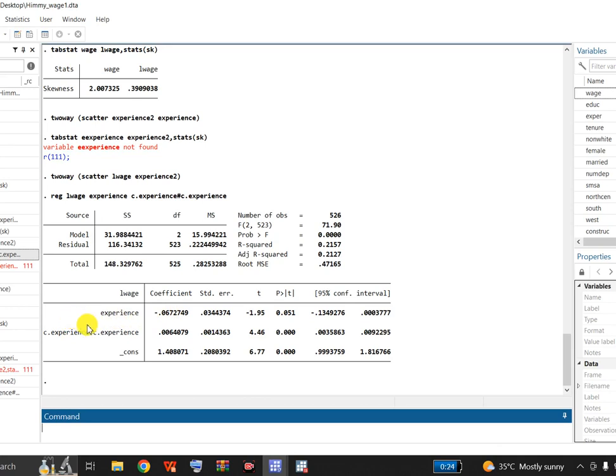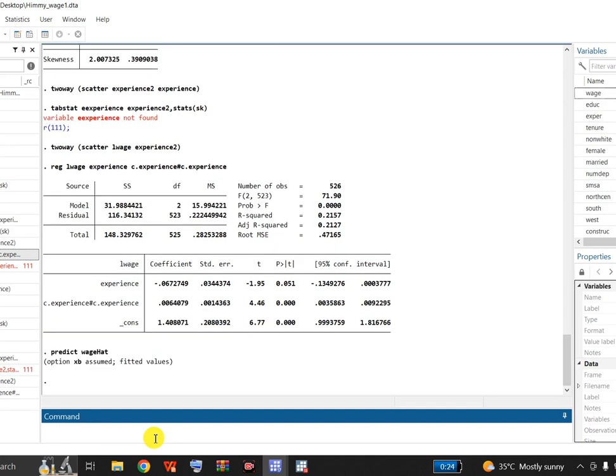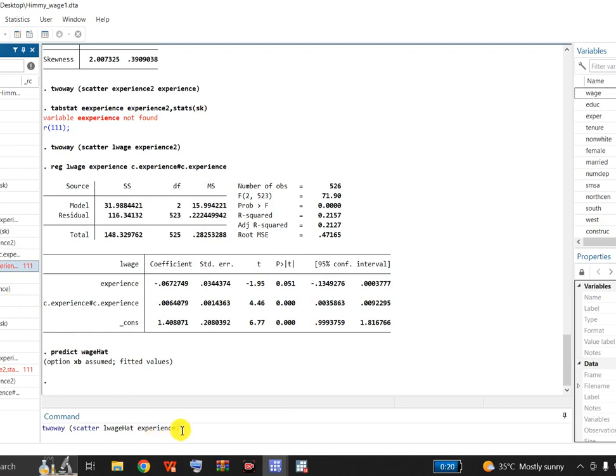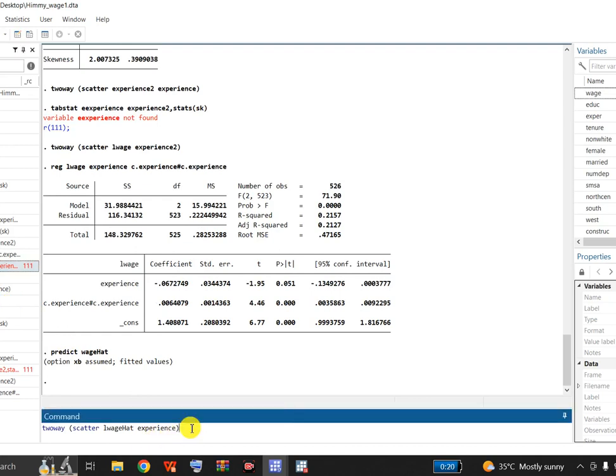So after this I will predict. Let me see if I have already predicted. No, I will predict wage. So I predicted this. After this I will make the scatter diagram of the predicted value of log wage and experience.